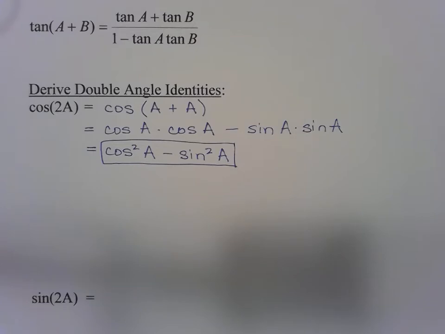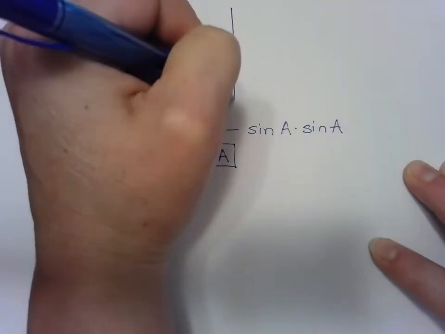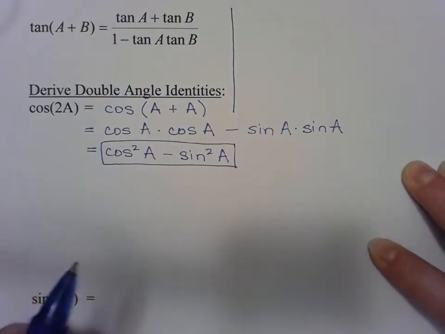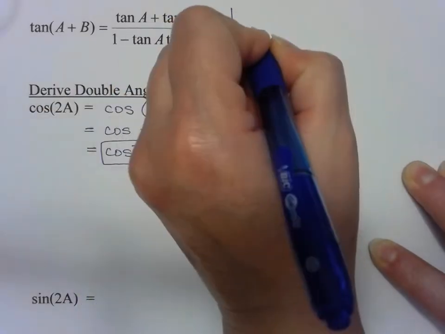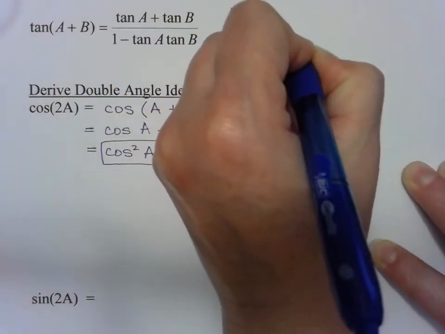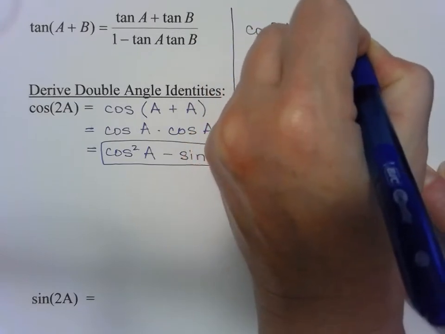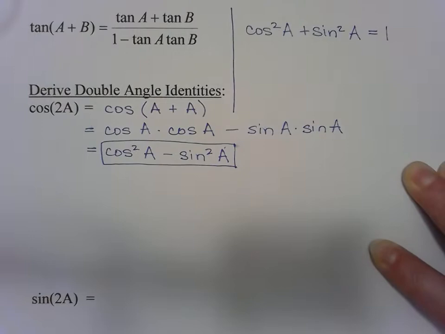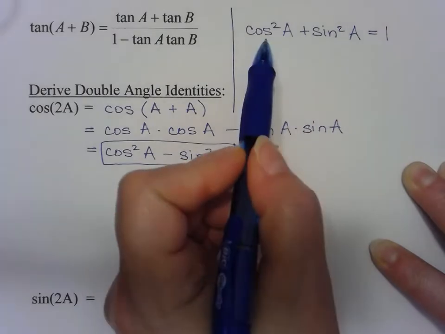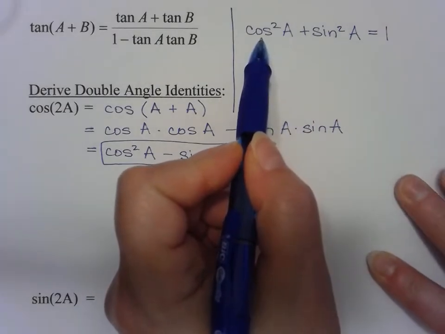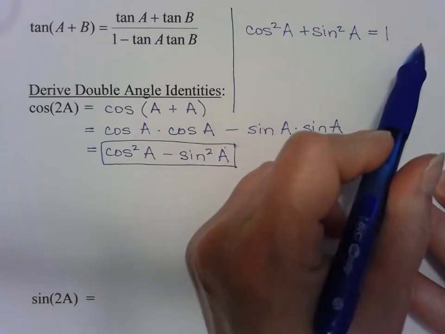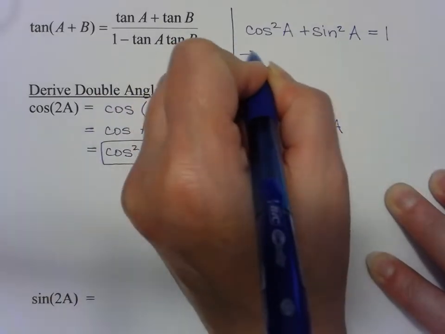There are actually two other forms of this same identity, and they rely on a conversion using the Pythagorean identity. So maybe I'll jot this part off on the side, and then we'll integrate it here. We know that cosine squared plus sine squared is equal to 1 for any angle. If we wanted to solve for the cosine squared, we could subtract the sine squared of the angle over to the other side.